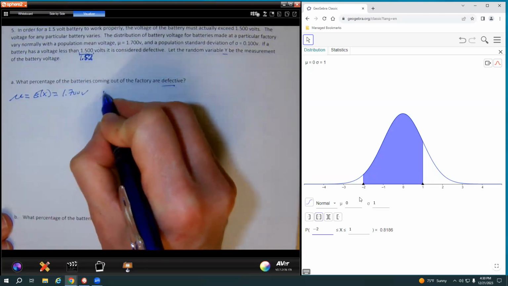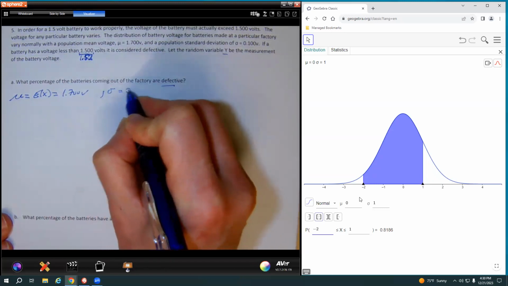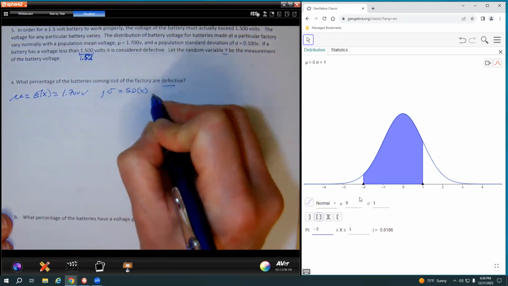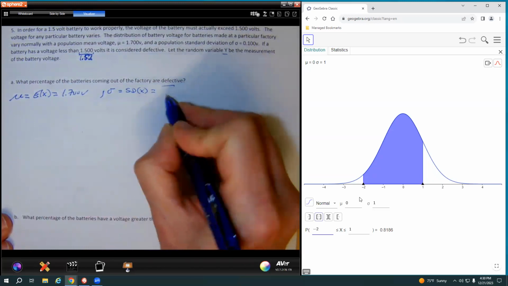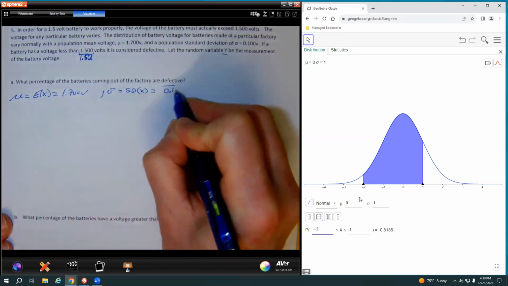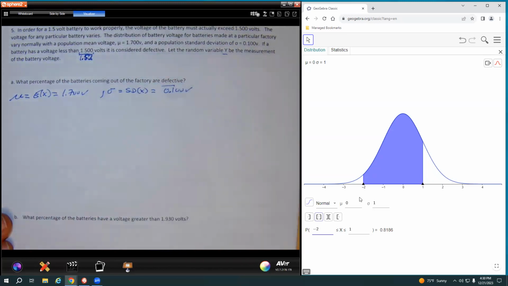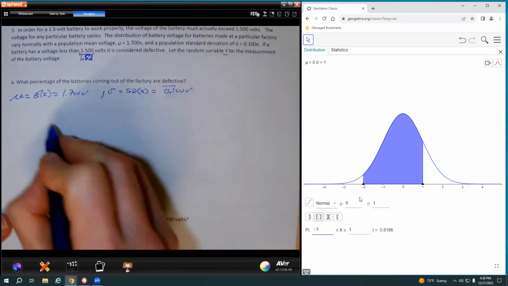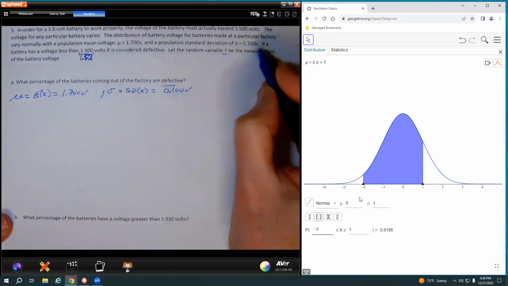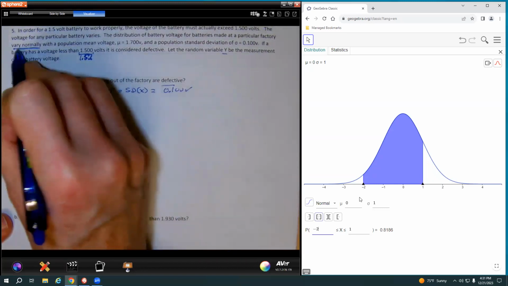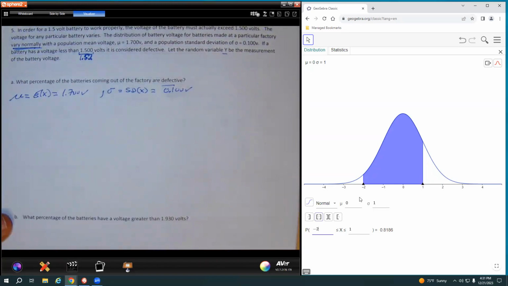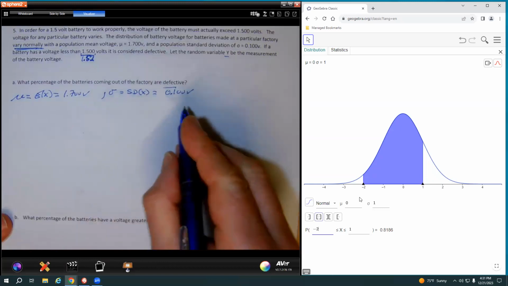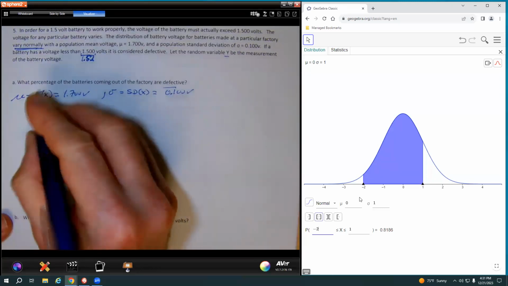The population standard deviation, again, two different ways of writing this, is going to be 0.100 volts. Okay, great. And is it a normal distribution? Yes, that particular factory, very normally. So again, you got to kind of clue into all these things. Yes, the distribution of battery voltage is normally distributed.